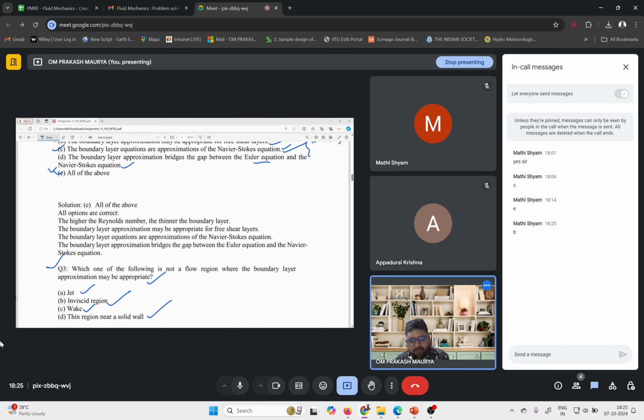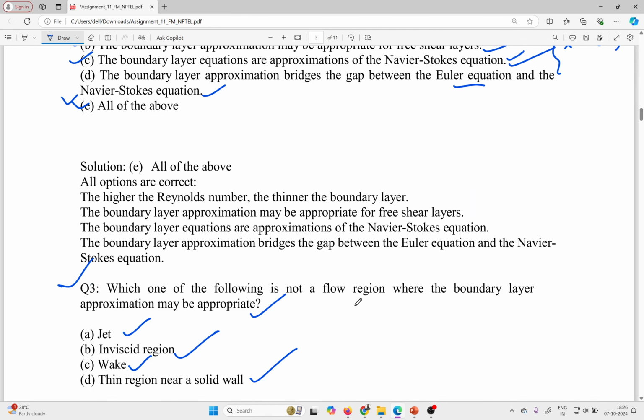You are telling inviscid region. Okay, let me discuss a little bit. Yes, you are correct. Inviscid region is correct because boundary layer approximation comes due to the viscous effect. If the viscous effect is not there, then there is no meaning of boundary layer approximation.